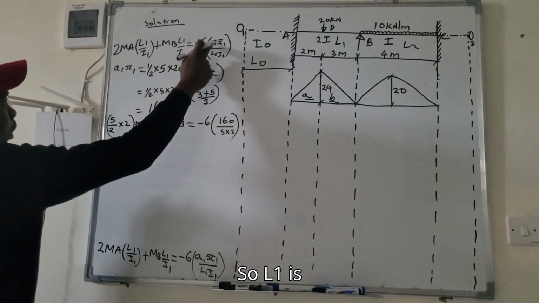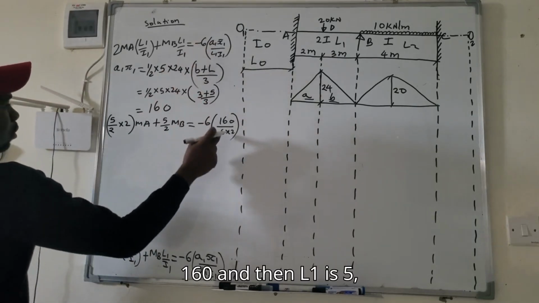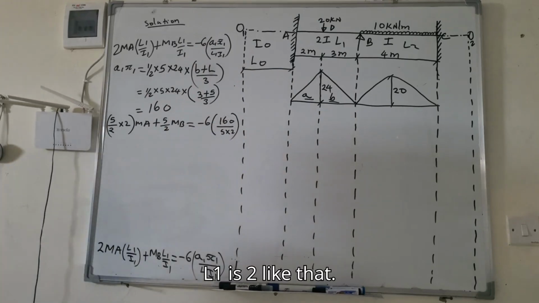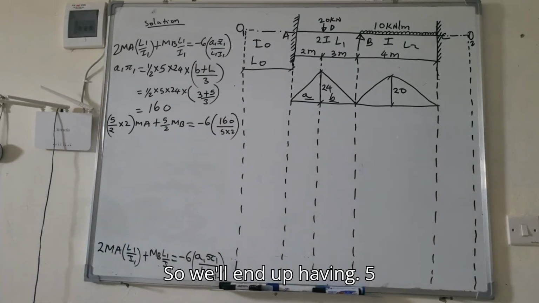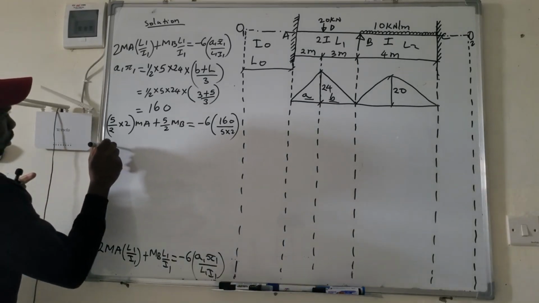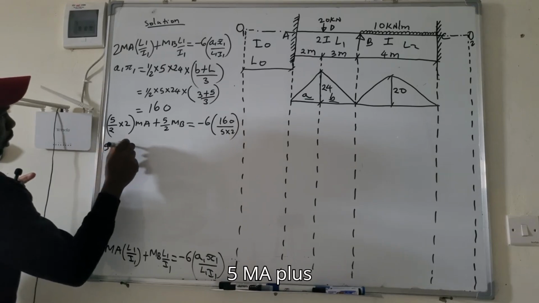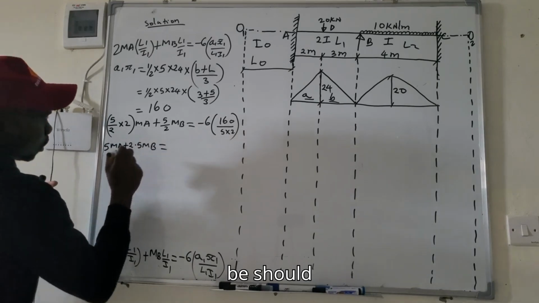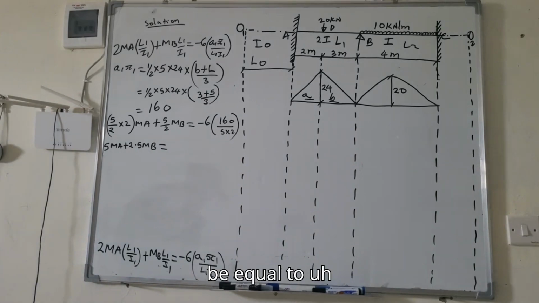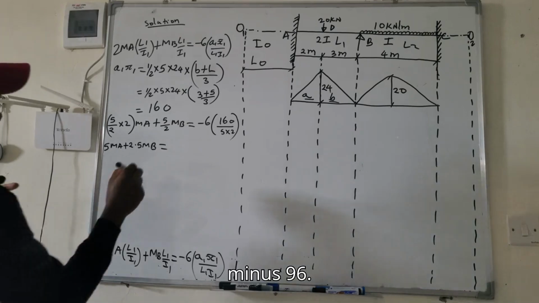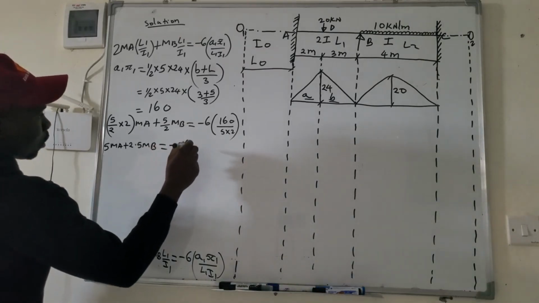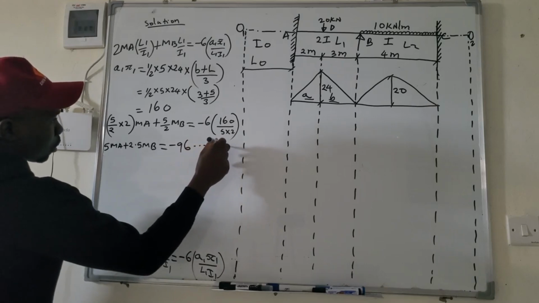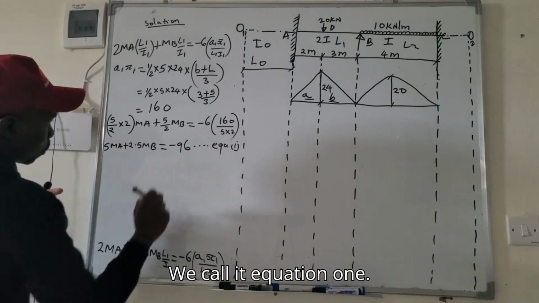So A1 x bar 1 is 160, and then L1 is 5, I1 is 2. So we'll end up having 5 MA plus 2.5 MB should be equal to minus 96. So this is equation 1.